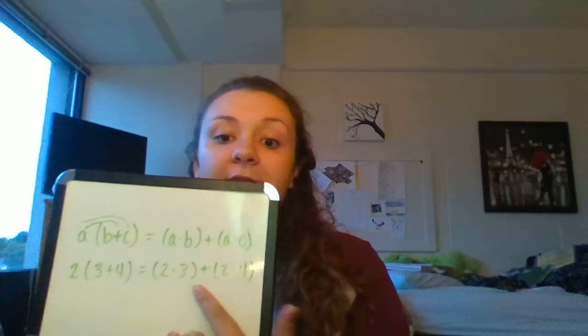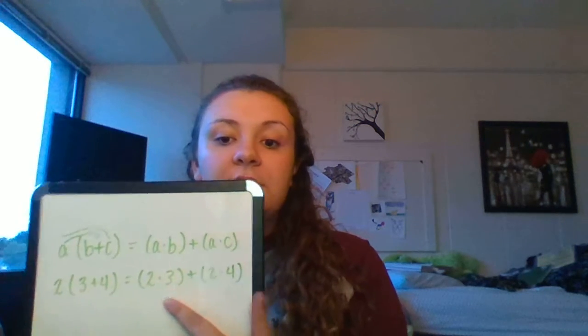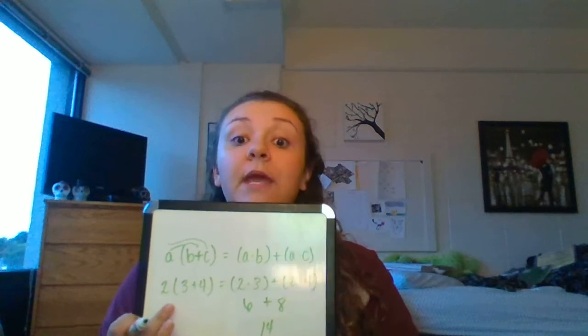We will start with this side first. So 2 times 3 is 6 plus 4 times 2 is 8, which is 14. And then on this side, you start with a parentheses.